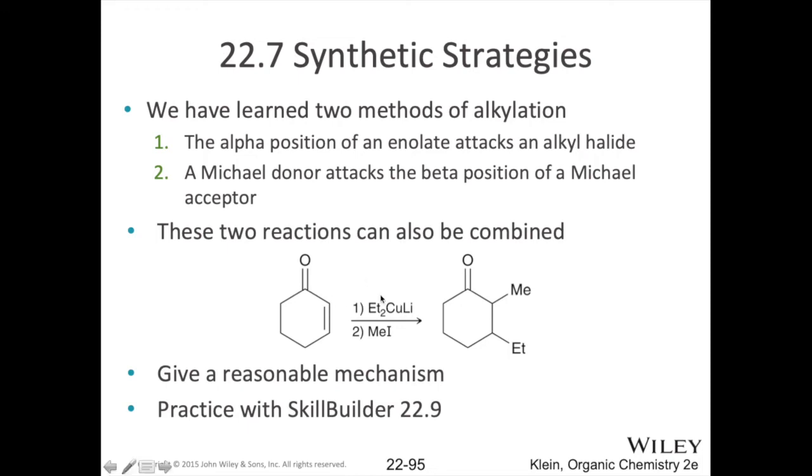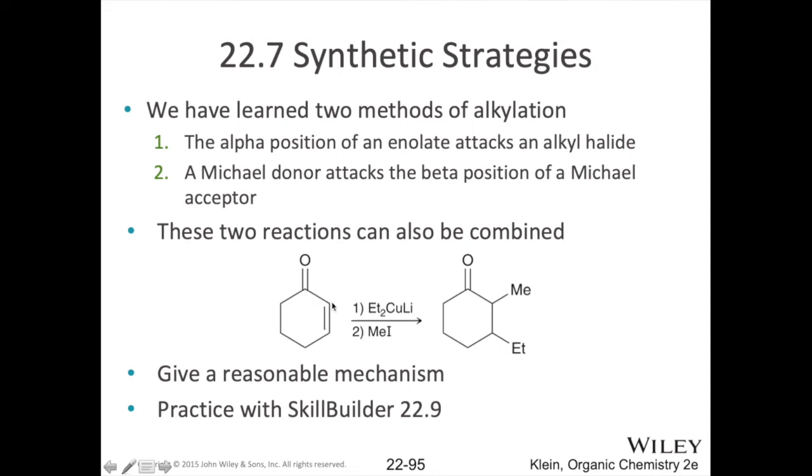So, for example, we've seen that Gilman reagents are Michael donors, right? So that's basically going to add the alkyl groups on our Gilman reagent here. So this ethyl group would attack that beta position of our Michael acceptor here, this alpha beta unsaturated ketone. When it does that, it will remove this double bond.